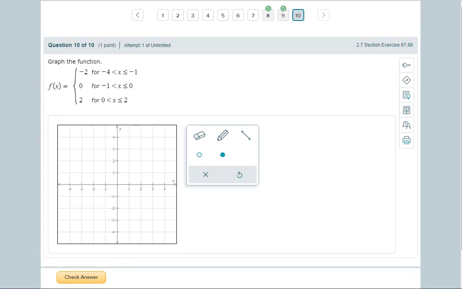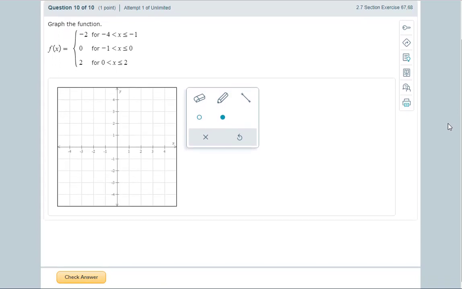In this case, I have a piecewise defined function. It has 3 pieces. Each of the pieces is a constant function that's flat. Now, where does the first one go? The first one goes from minus 4 to minus 1. But the minus 4 is an open dot because there's no equal.